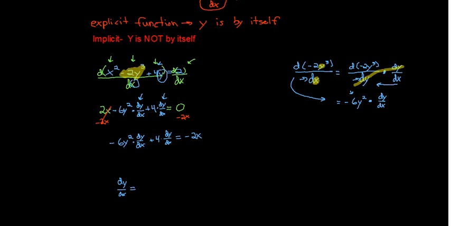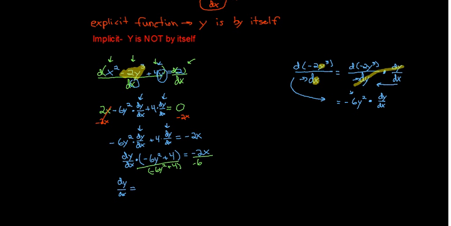Alright, let's keep going. I see that both terms have a dy/dx, so we can factor that out. And when you factor that out, you're left with negative 6y squared plus 4 equals negative 2x. And then if I want to get dy/dx by itself, I simply divide both sides by that whole thing.